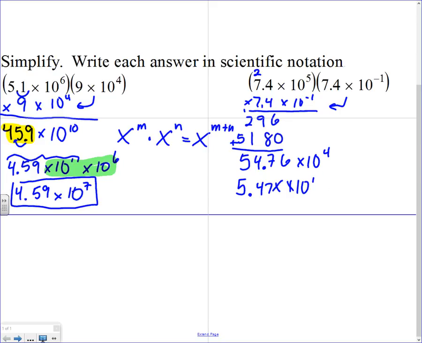That'll be 10 to the first. So this is the first number. And now I need to copy that times 10 to the fourth. So the answer will be 5.476 times 10 to the fifth. And that'll be the answer. Okay.